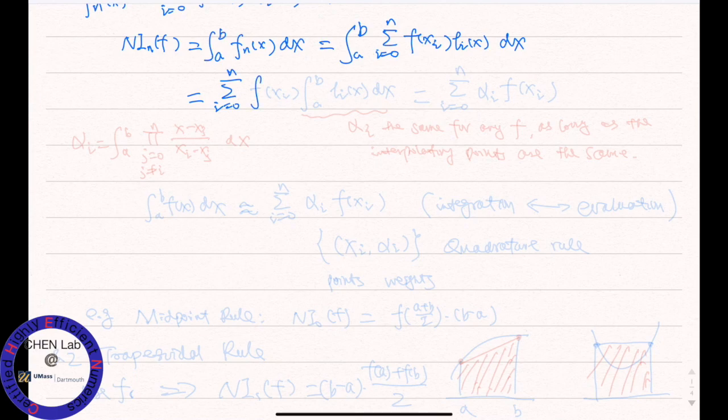That's a constant. It has nothing to do with x. It's f evaluated at some points. So I can pull that outside of the integral. I'm going to integrate from a to b of my Li of x dx.